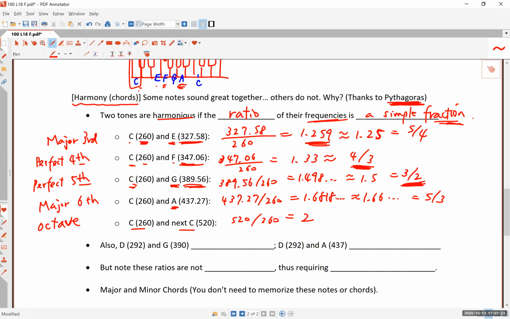So they sound good. What doesn't sound good? I told you C and F sharp, okay? Tritone is what it's called, and they don't sound good because the ratio of their frequency is nowhere near a simple fraction. And this is what it sounds like. Now you can use that to dramatize something, to make things dramatic.